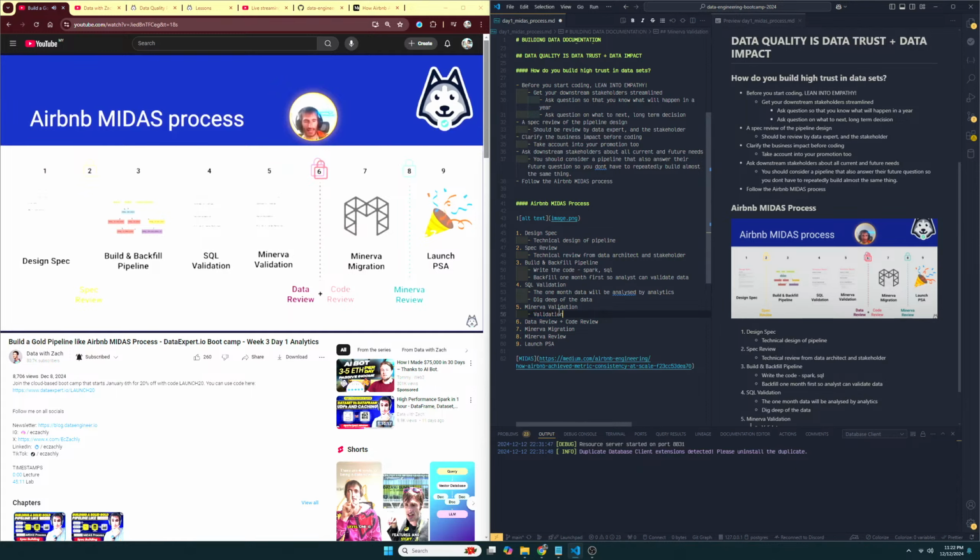And this is usually done by the same person who does the SQL validation; they do the Minerva review.